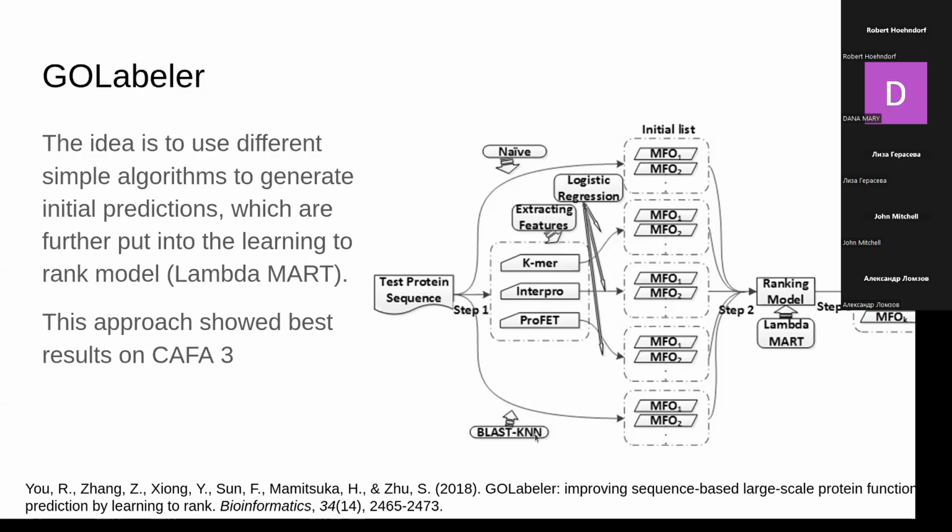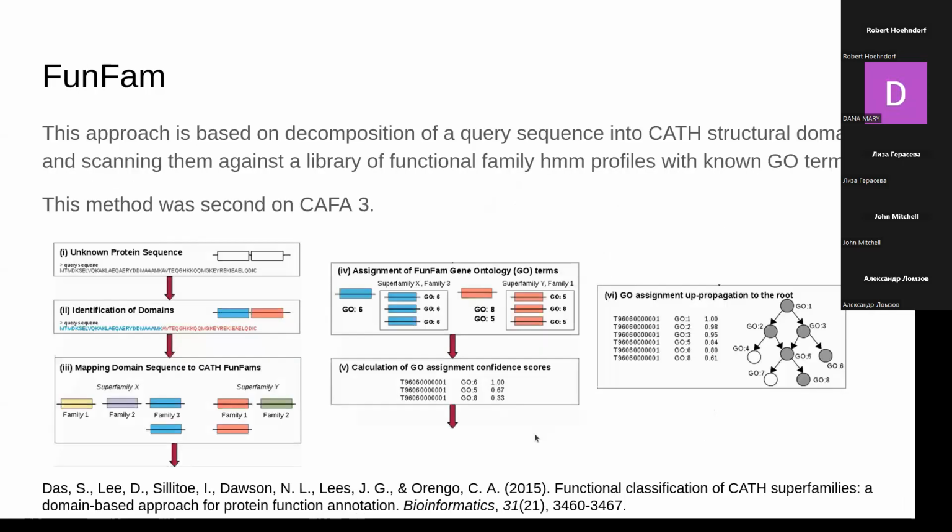Well, and I would also like to have a look at the last method. This method was second on CAFA 3, and this approach is based on the decomposition of a query sequence into structural domains, and then on scanning them against known functional family models with known GO terms.